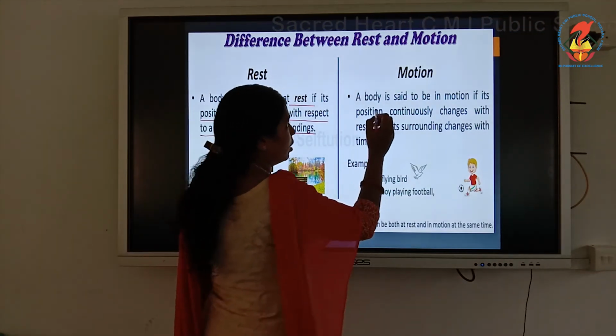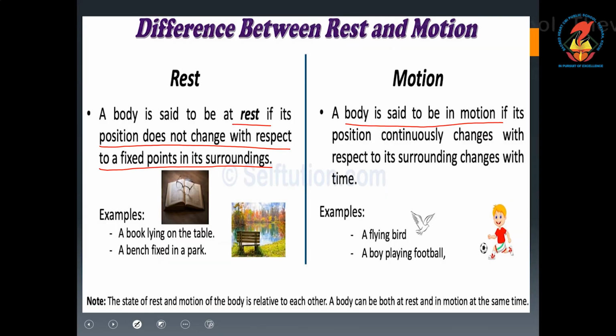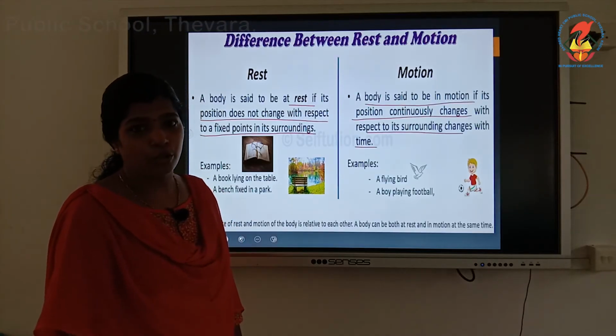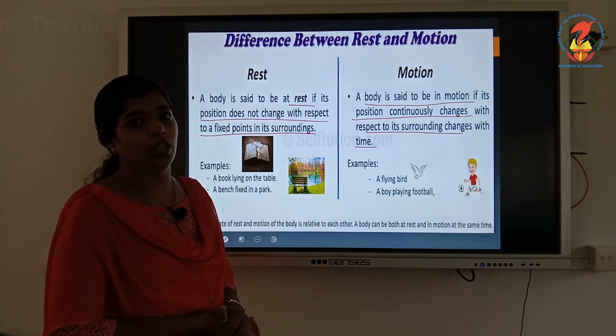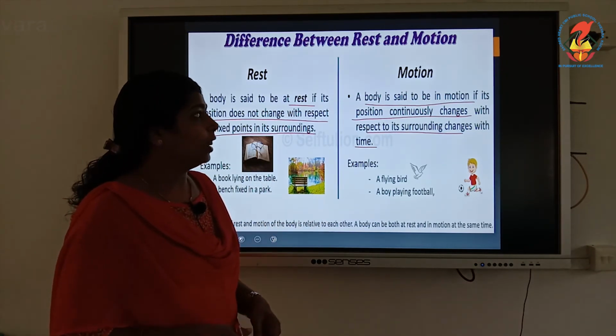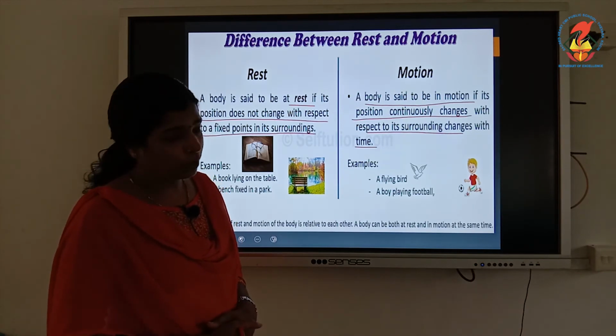An object is said to be in motion if the position continuously changes with respect to the surroundings, changes with time. So, with respect to the surroundings and during the passage of time, if an object changes its position, then we will say that the object is in motion.